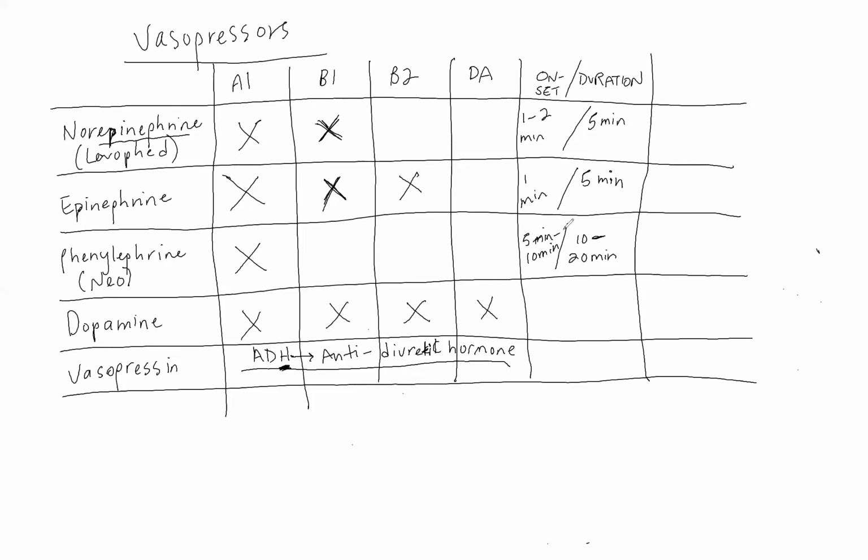So if my patient is in imminent danger of losing a pulse because their blood pressure is low, I'm going to be looking for a drug that works very, very fast. I'm going to be looking for something like norepinephrine or epinephrine that has a very quick onset. Now, that is not to say that phenylephrine is not a great additive. It certainly has its place and can be very effective when it's used properly.